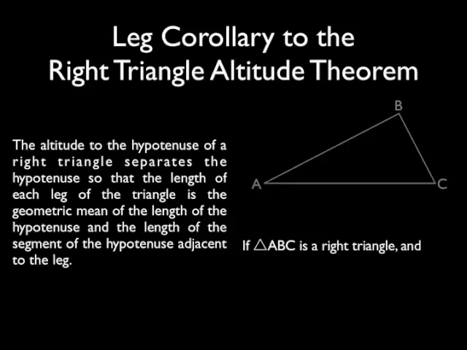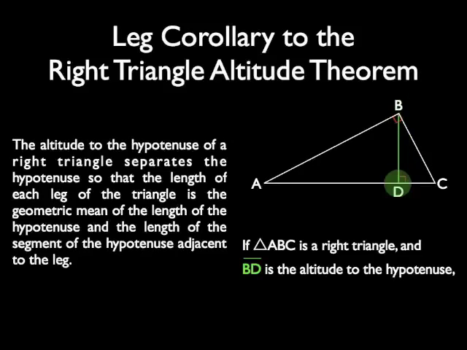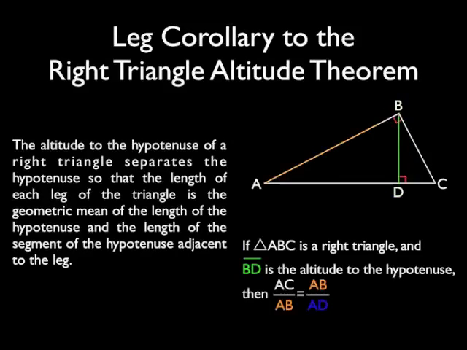If triangle ABC is a right triangle, and segment BD is the altitude to the hypotenuse, then the length of AC, the entire hypotenuse, over AB, the leg on the left, is equal to AB over AD, which is the segment that is the left-hand side of the hypotenuse there.